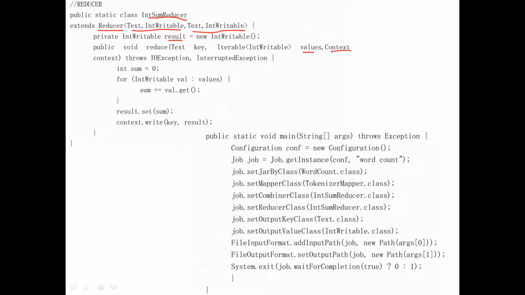Here context is the same as in your mapper function, where it will be emitted into the next stage. Your next stage is nothing but your output file. Whatever is written in this context is given to the output file. So in the previous mapper we have seen the context, whatever is in the context will be given to the reducer function. Here in the reducer, the context will be given to the output file. Fine.